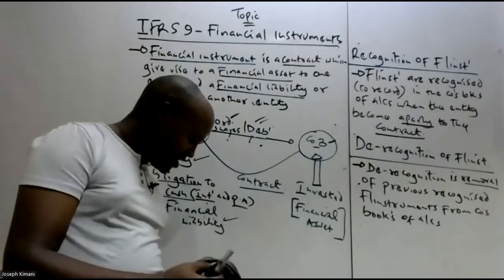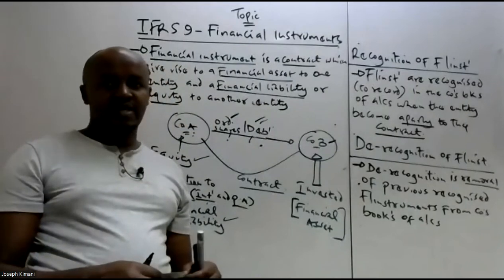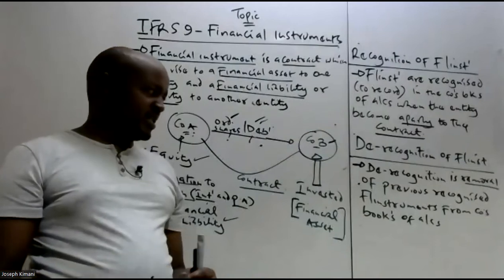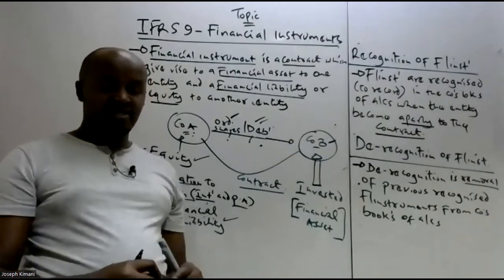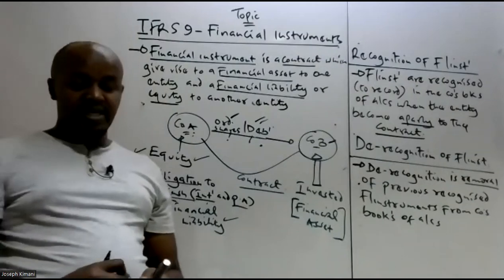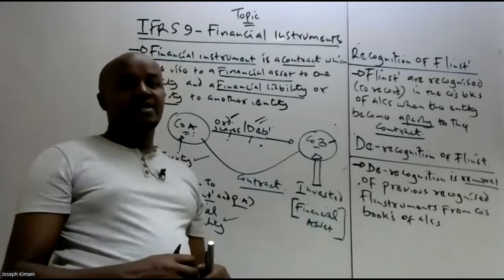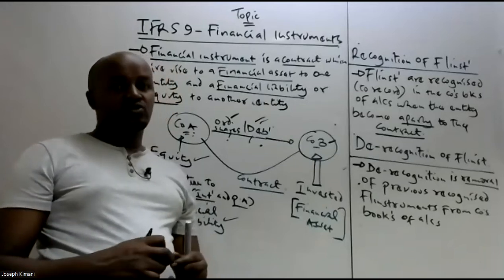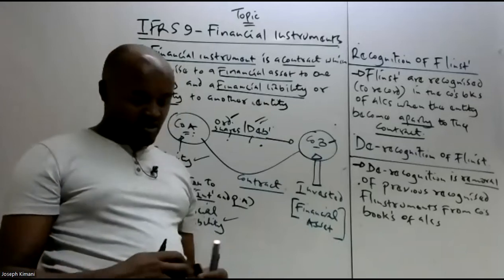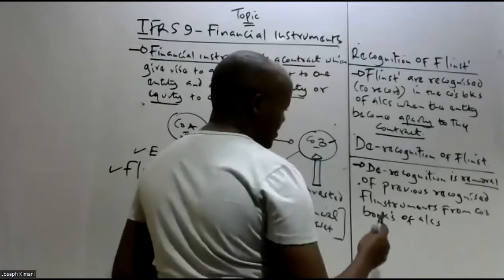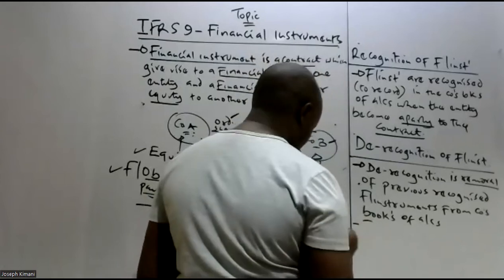Because remember, once the company has acquired shares, or invested in shares or in any other form of debt instrument, then that investment must be recorded in the company's books of what? Of account. And therefore, we are saying derecognition is the removal, or the process through which the company will stop accounting for a financial instrument in its books of accounts. So here I've said that we're going to look at the derecognition of financial assets and also financial liabilities.